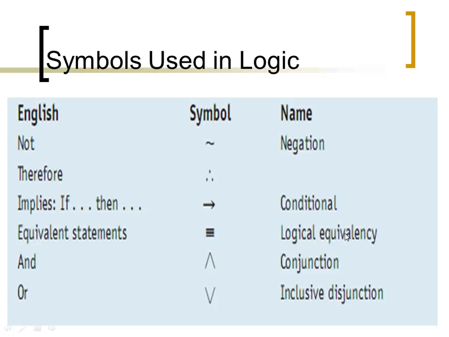Equivalent statements means that, for example, the statement where you say A implies B and the contrapositive were logically equivalent. So this is the symbol you would use to say that two sets of statements are logically equivalent. All right? The conjunction symbol is the arrow pointed up, and the OR symbol is the arrow pointing down.